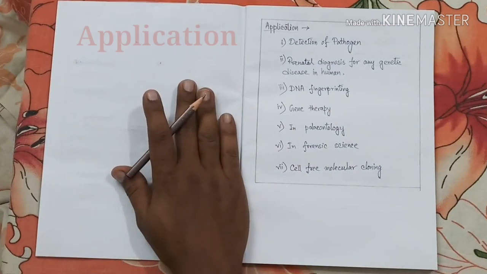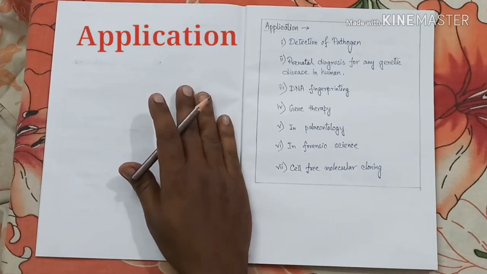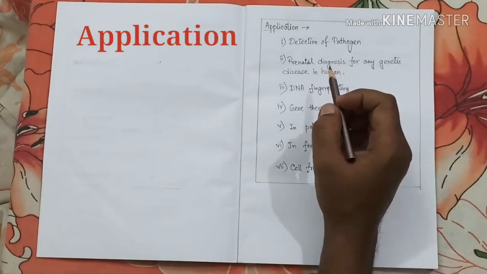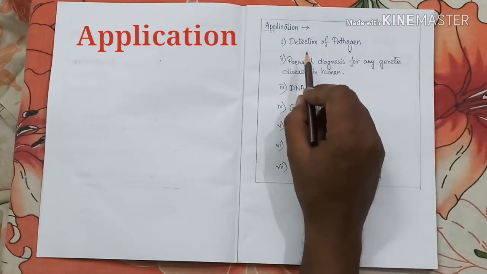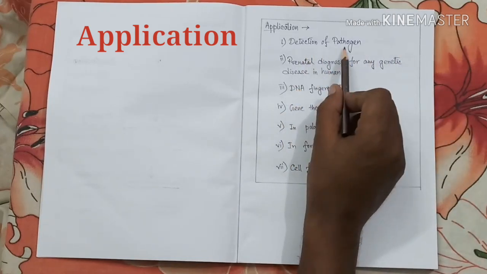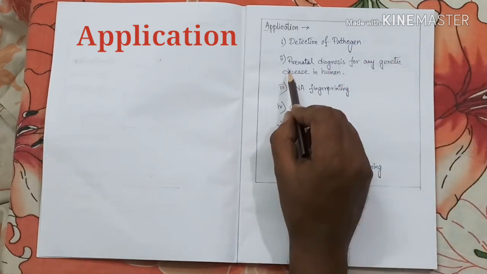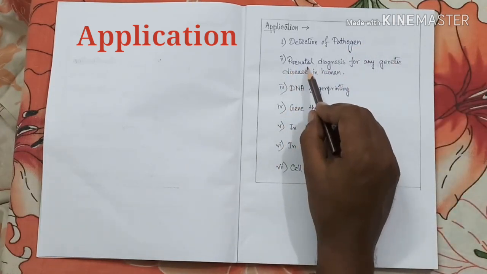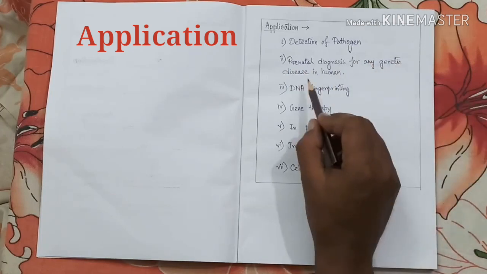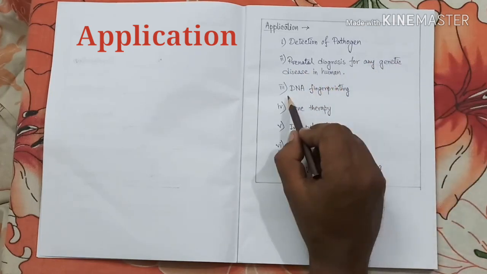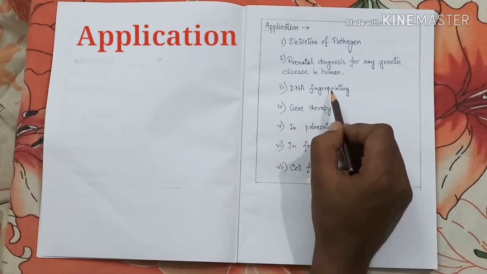What are the applications of PCR? Why should we perform PCR? PCR helps us in many ways. At first, it helps to detect pathogens even in very small quantity in our blood. Next, it helps in prenatal diagnosis of any genetic disease in human beings. It also helps in DNA fingerprinting.